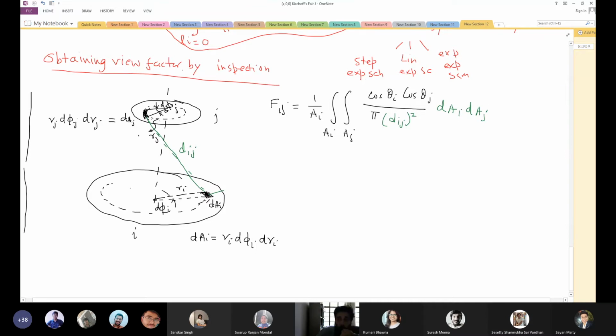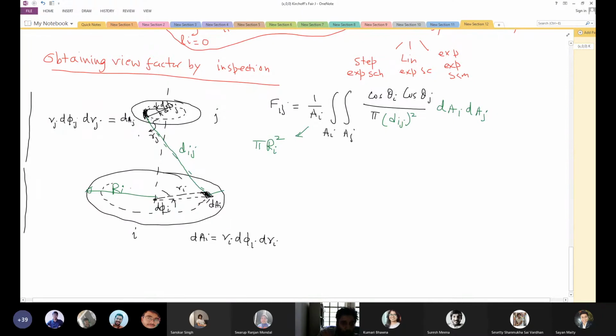Now we have to put Ai. We know what Ai is, it's easy. Because this is capital Ri, Ai is pi Ri squared. Now cos theta i and cos theta j.